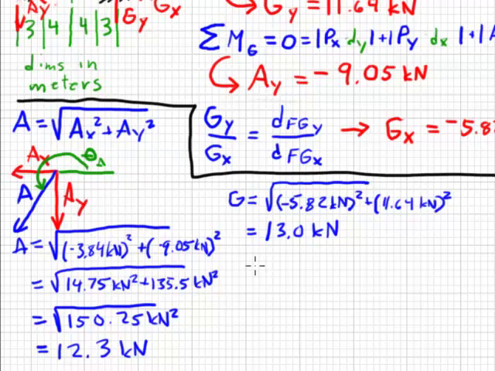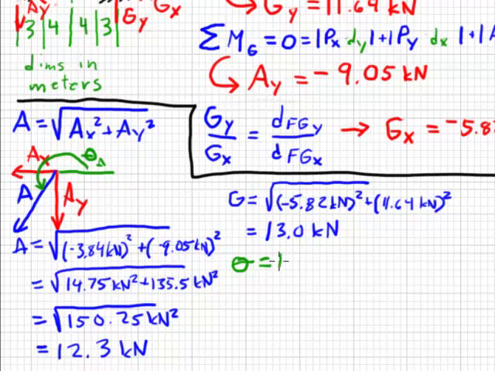I'll write our formula for the angle here. Now most calculators actually do not consider what quadrant the component forces are in. They do not notice the difference between a negative force in the x direction versus a negative force in the y direction.